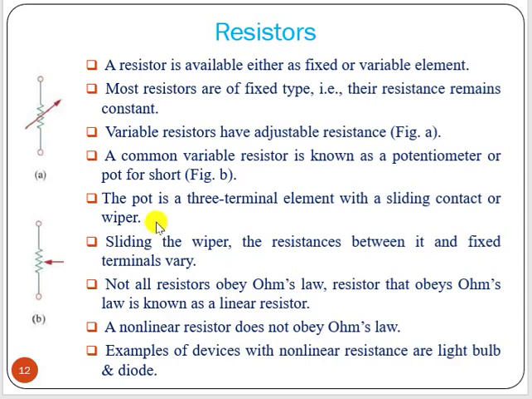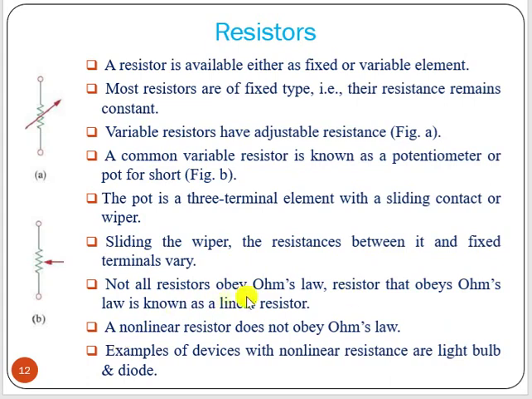Okay, and another common variable resistor is known as a potentiometer or pot. Here we have three terminals, and this terminal varies from top to bottom. According to that, the resistance value changes. This is the sliding wiper.